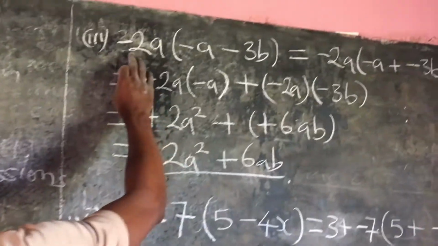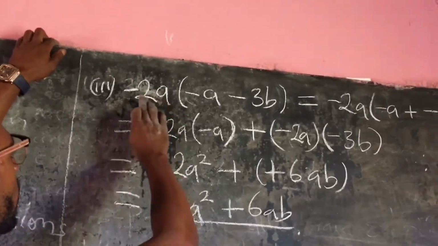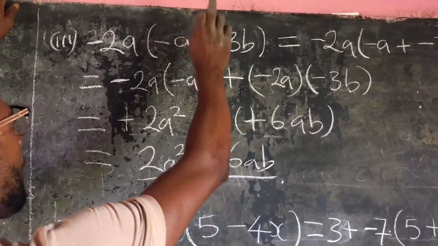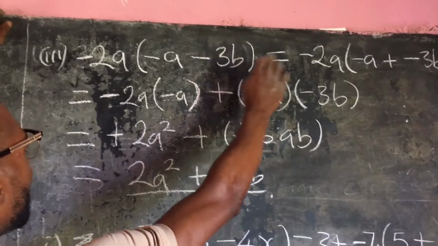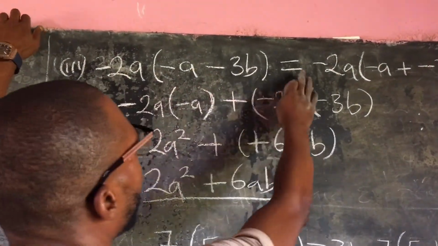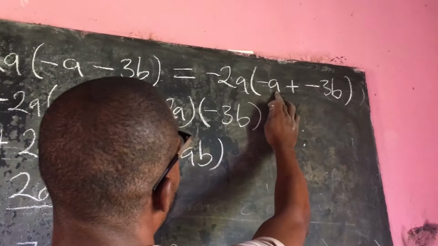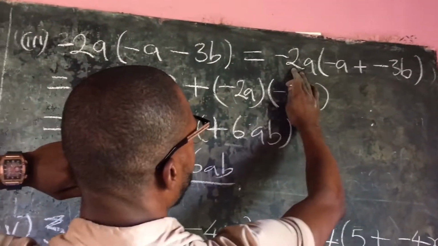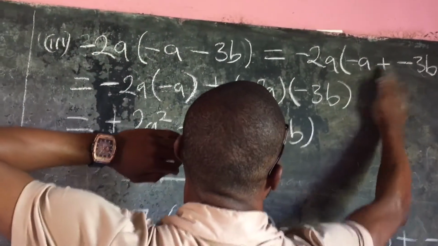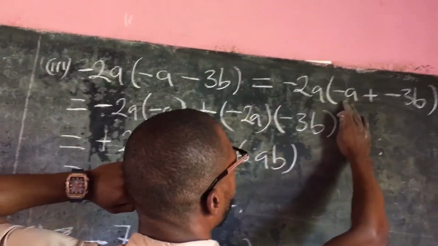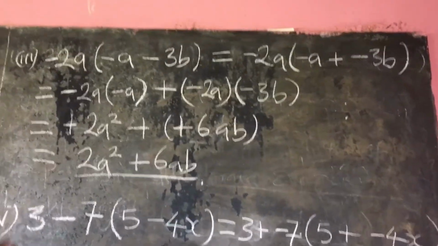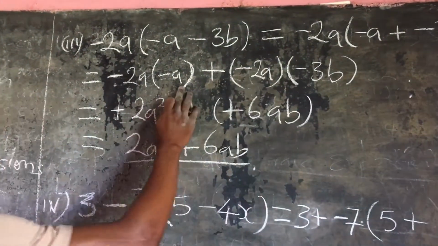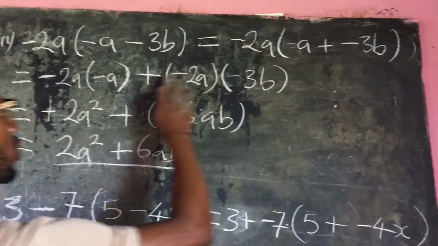So we'll see this one now: minus 2a minus a bracket minus a minus 3b. Another way we will write this is minus 2a minus a plus minus 3b. So we use each term here and multiply each of these. We get minus 2a times this a, then this plus will come down.